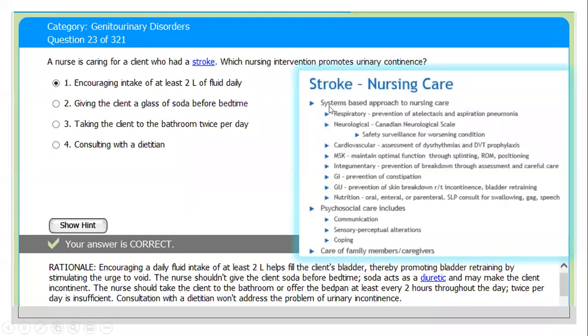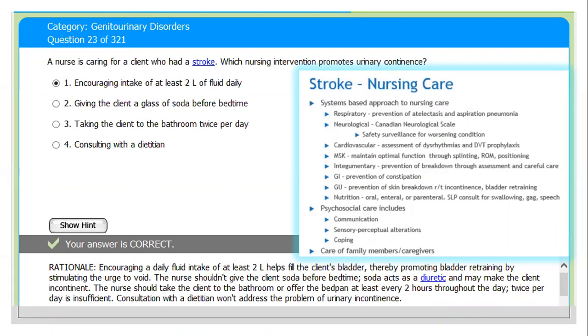Now here are some notes about the nursing care of a stroke patient. First of all, a system-based approach to nursing care. Respiratory system: prevention of atelectasis and aspiration pneumonia is important. Neurological: we should use the Canadian Neurological Scale.